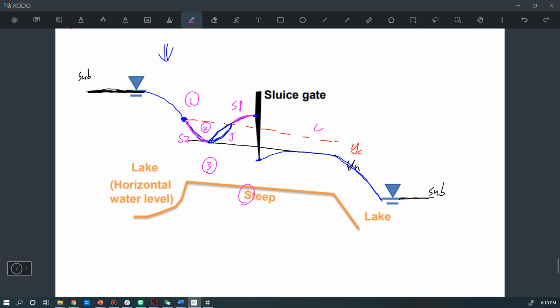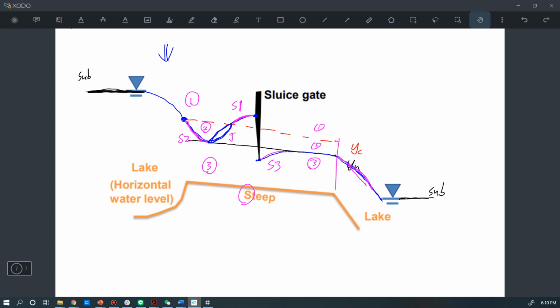And similarly, here is area 1, area 2, area 3. So here from the supercritical to the normal depth, this curve is named as S3. Okay, and because this is a supercritical flow, we don't name the curve down here.